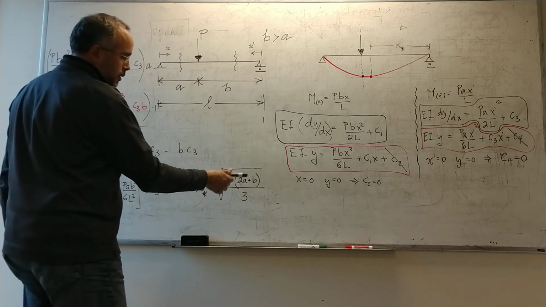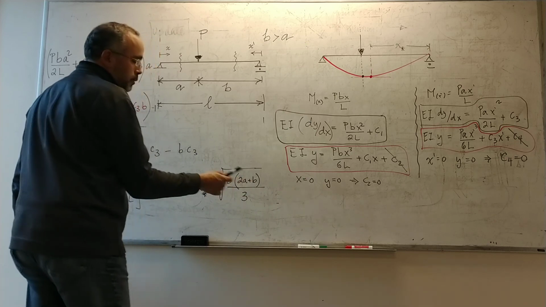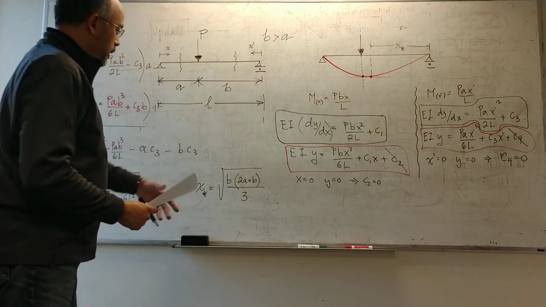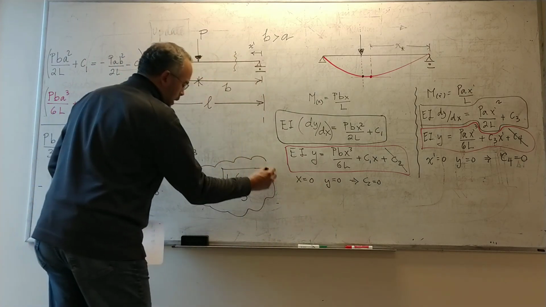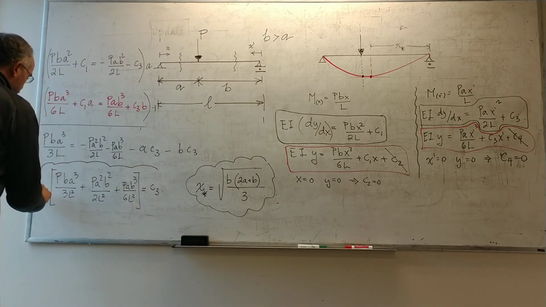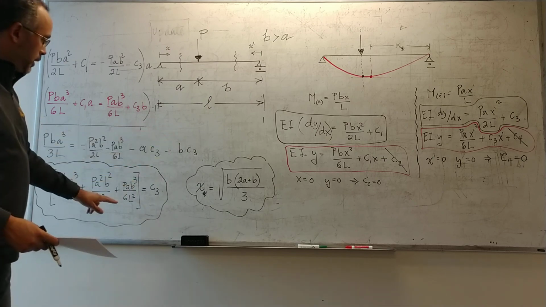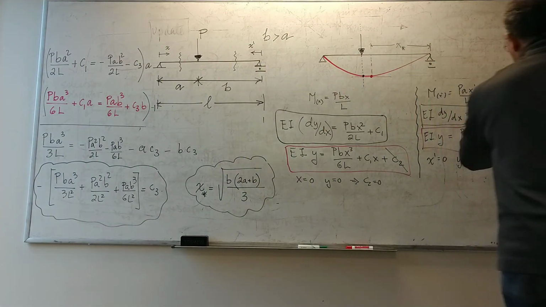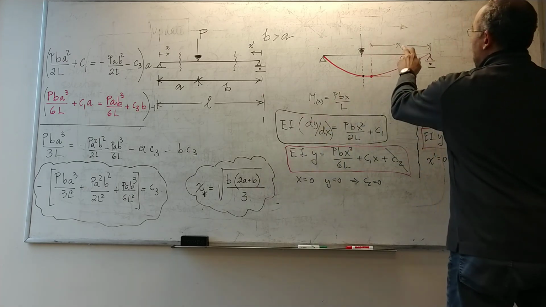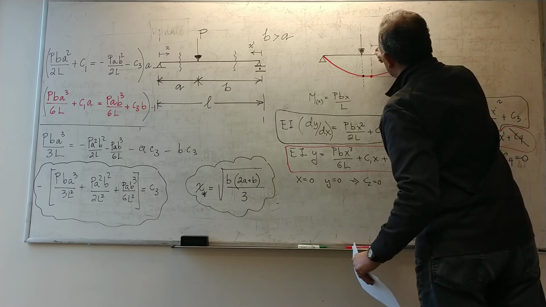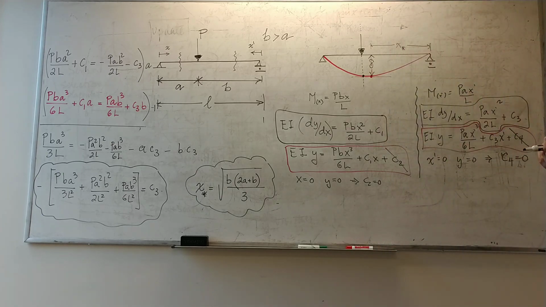You can write this in another way if you want. You can say A plus B is L, and then you have L plus A times B. Doesn't matter, but basically this is the result for X star. This is the result for C3. And so if you want to find the maximum deformation, you take this C3, put it in here, and evaluate this equation at this point, and that will give you the maximum deflection delta on the beam.